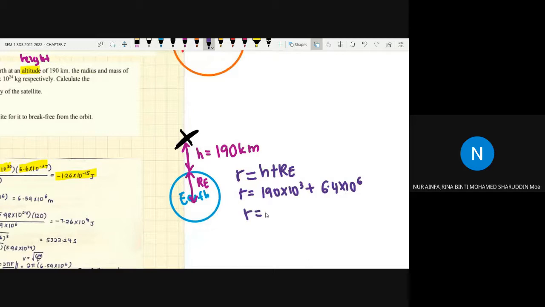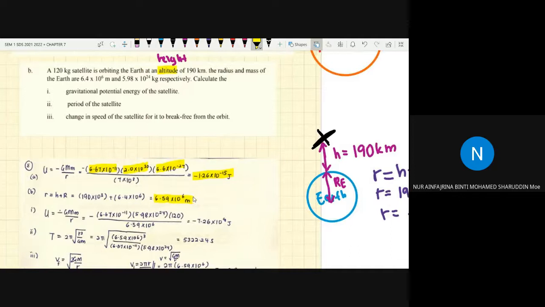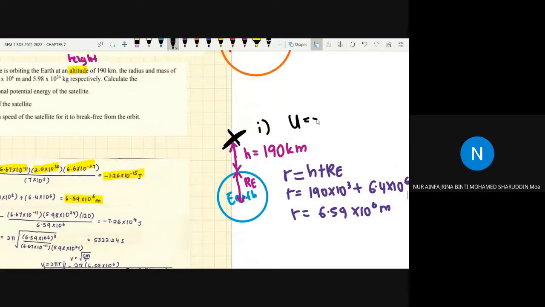So you will get your distance as 6.59 times 10 to the power of 6 meter. After you have that, you just put it into the formula. Which formula? The formula U equals negative GMm over R. And remember, capital M is the point mass and small m is the test mass.